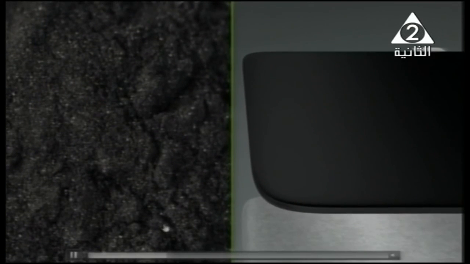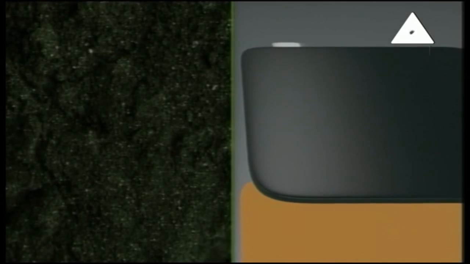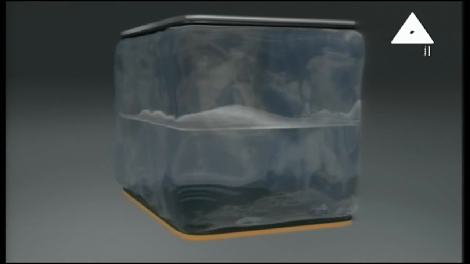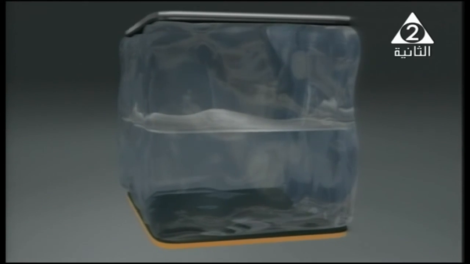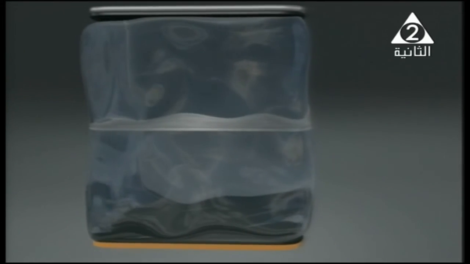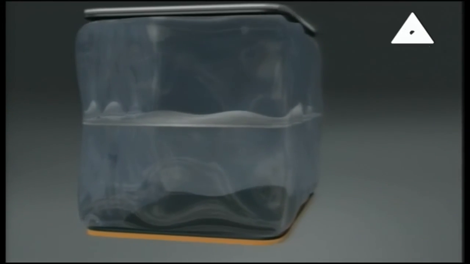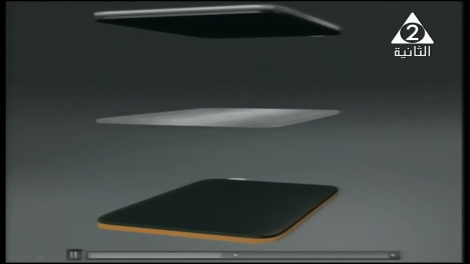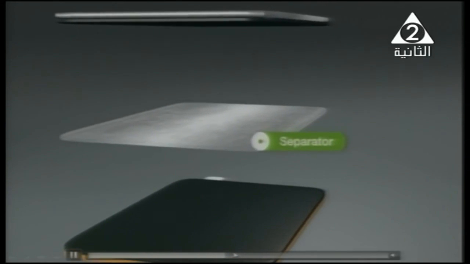This cell can be used in a lot of equipment such as laptop, mobile, lithium ion battery. We can use it in very important equipment.